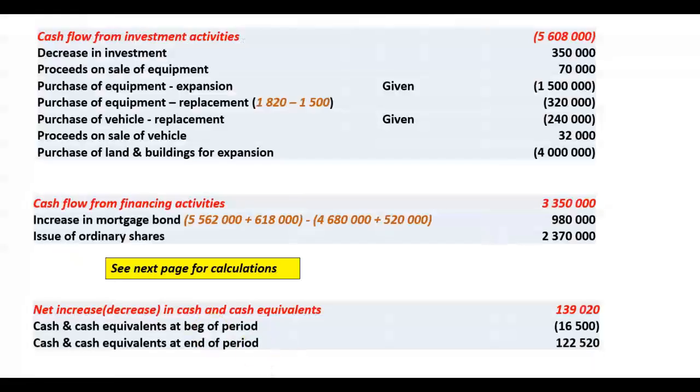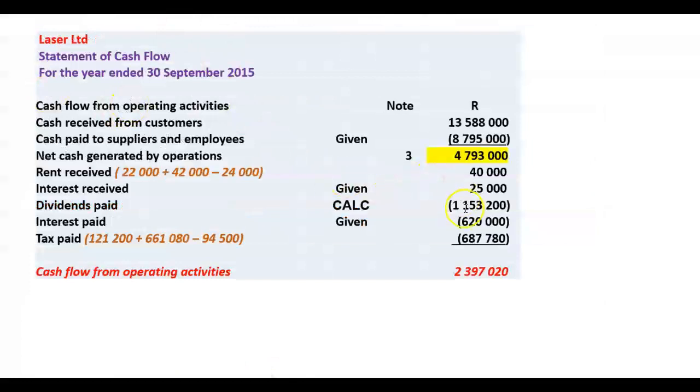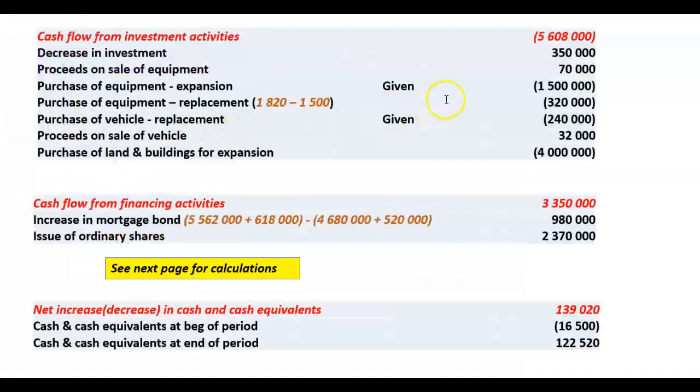asks you, in your opinion, did the company manage its cash resources wisely during the year? Comment briefly. Now, if we go to our cash flow statement, let's look at the story that it is telling us. They say that there's a huge positive cash flow from operating activities, close to 2.4 million rand. But we have spent a lot on expansions here as well, our investment activities to the tune of 5.6 million rand.